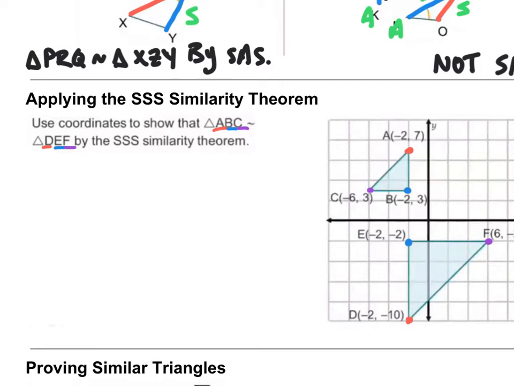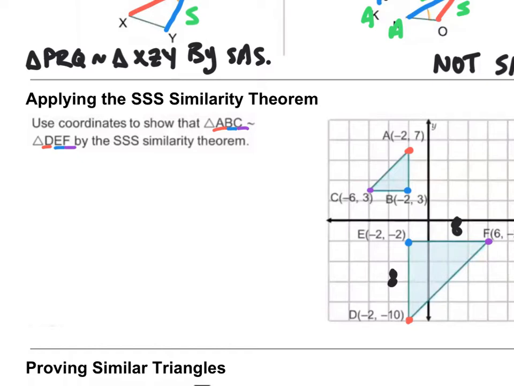Now, what I know is that the length of EF is going to give me a length of, this goes by twos, so 2, 4, 6, 8. This is a length of 8, okay? I also know that the segment length from here to here is 2, 4, 6, 8 as well.